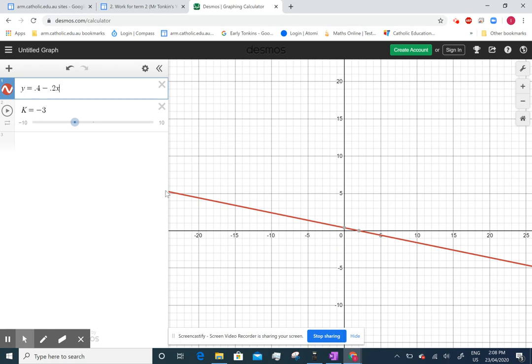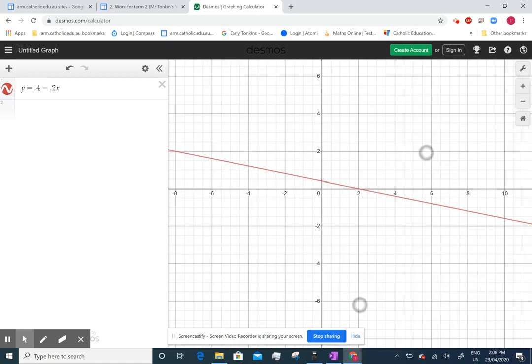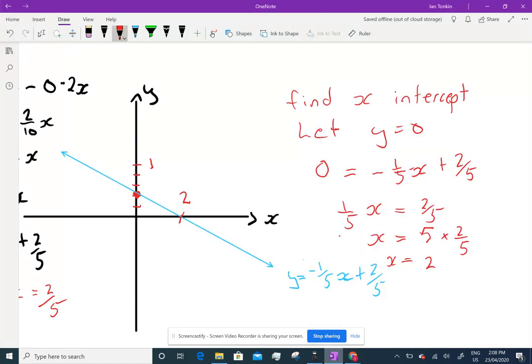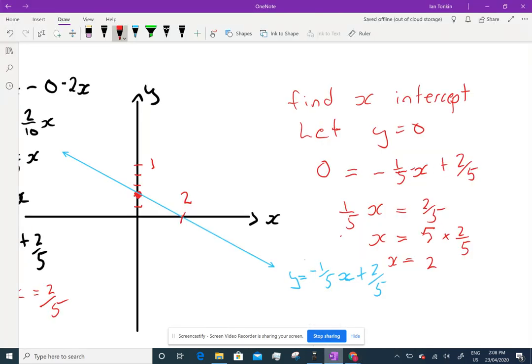And we'll get rid of this, and we'll zoom in and we can see there it is. It looks like that. So our graph is correct.